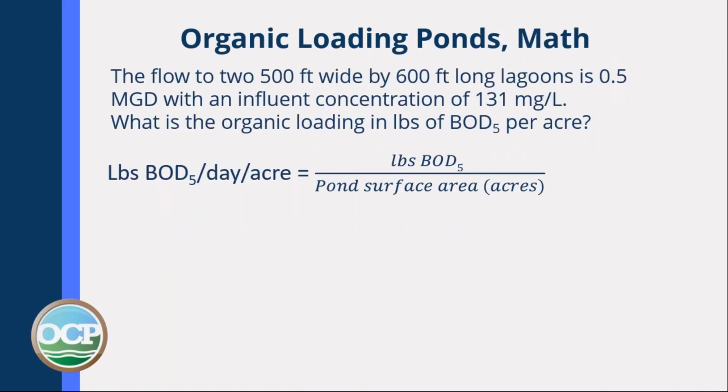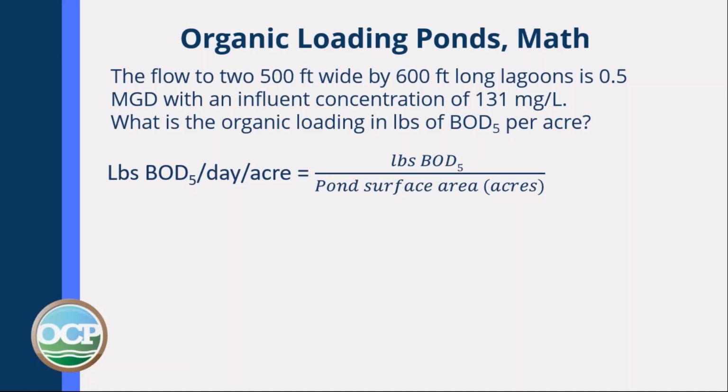So, organic loading of a pond. The flow to two 500 feet wide by 600 feet long lagoons is 0.5 million gallons per day with an influent concentration of 131 milligrams per liter. What is the organic loading in pounds of BOD5 per day per acre?